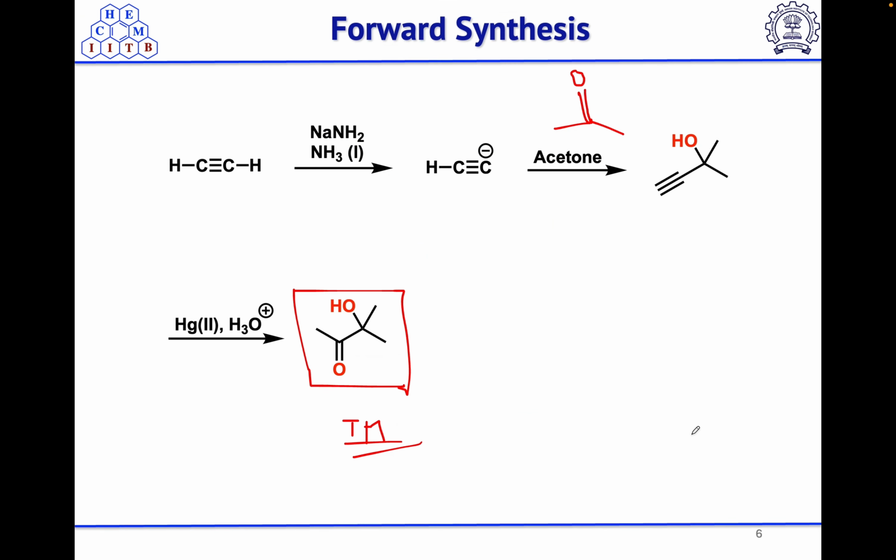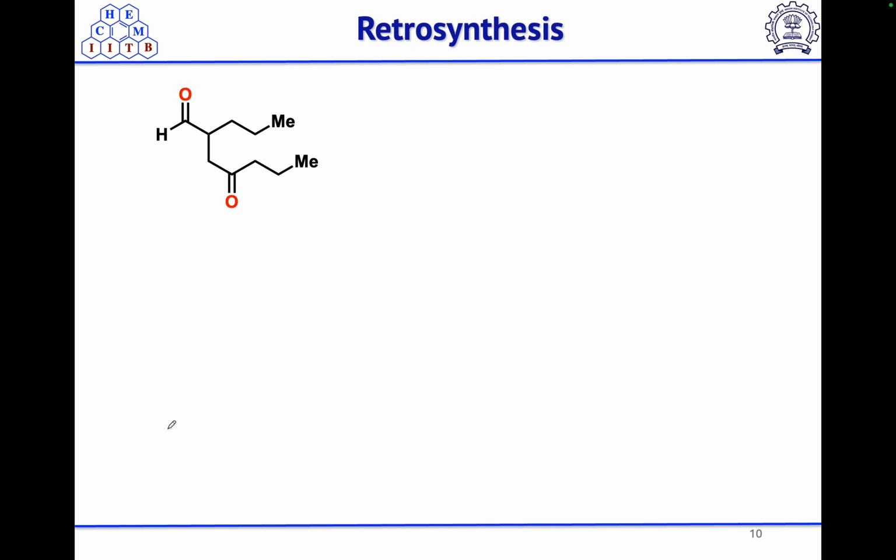Okay. So then we can move to the next problem. If you see this compound, it is a dicarbonyl compound. This is an aldehyde, and this is a carbonyl. Okay. Now how can we plan the retrosynthesis?